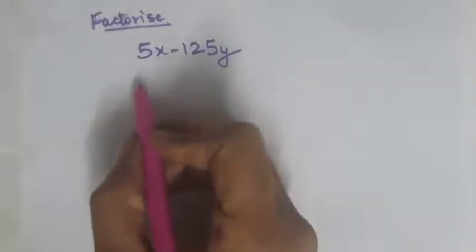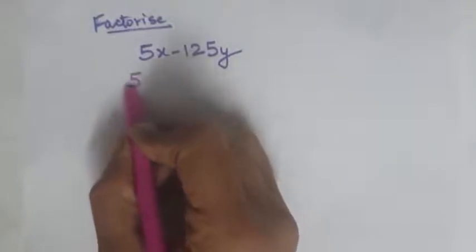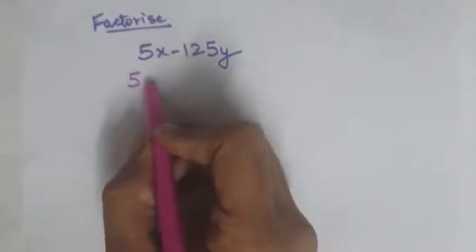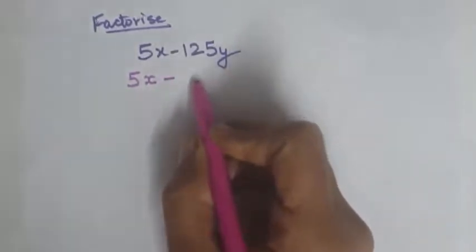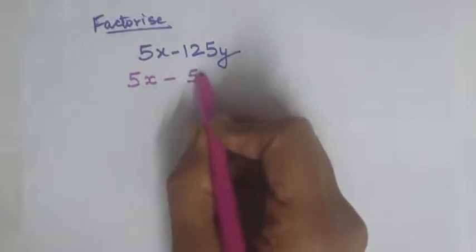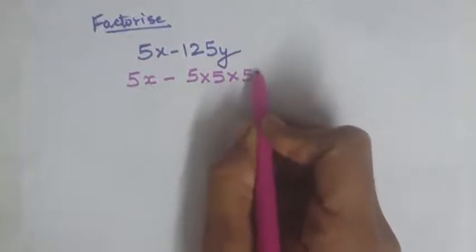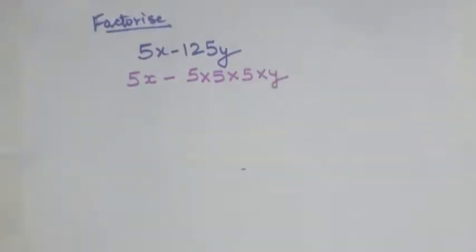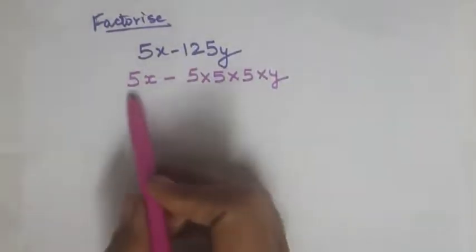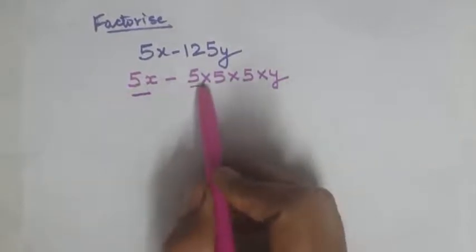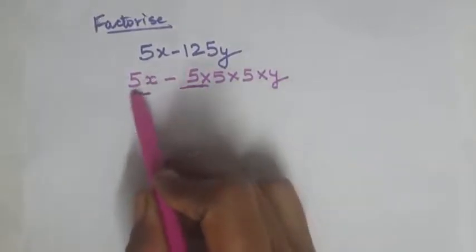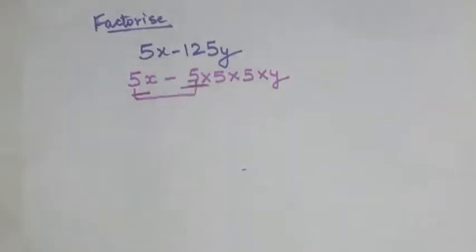Now this is 5x. Now 125 can be written as 5 multiply 5 multiply 5 multiply y. From here you can think very easily that one 5 is here, one 5 is also here. So it means these two are common.